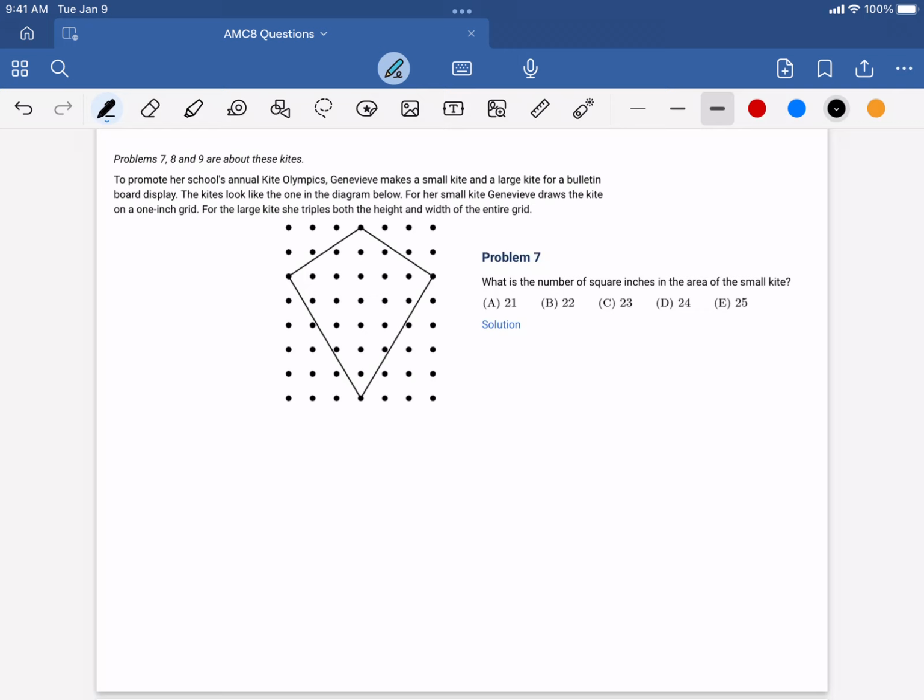So since this is going to be a 1-inch grid for the small kite, we can just find the area assuming that the distance is 1. So we can break this shape into 4 triangles like this, and we can see that this triangle over here is congruent to this triangle over here. So we can basically move this over here like this to form a rectangle. And same thing for this triangle over here.